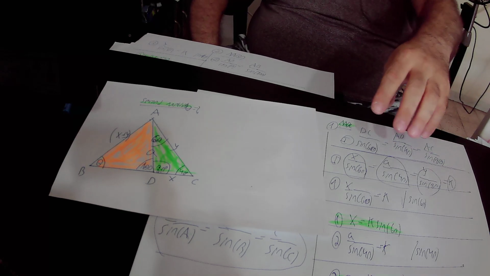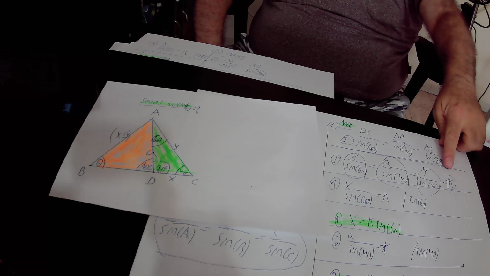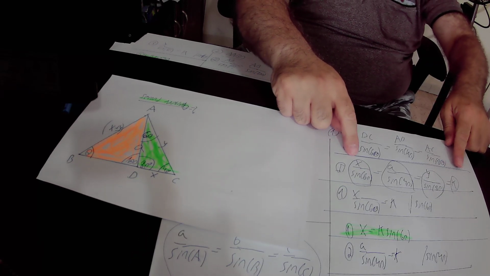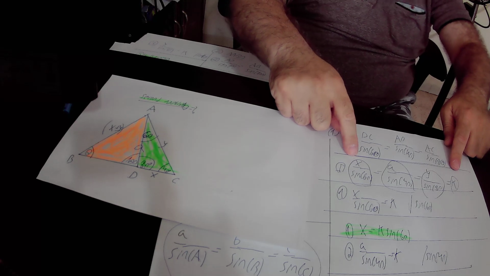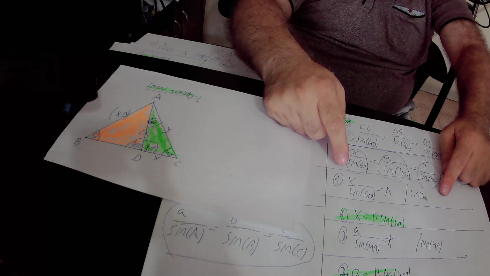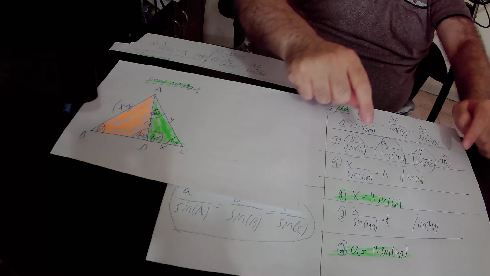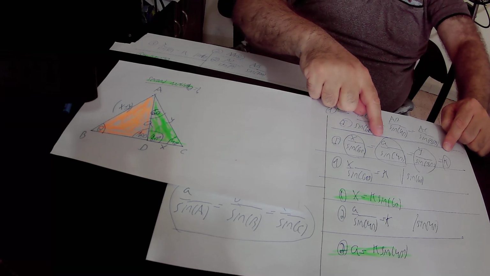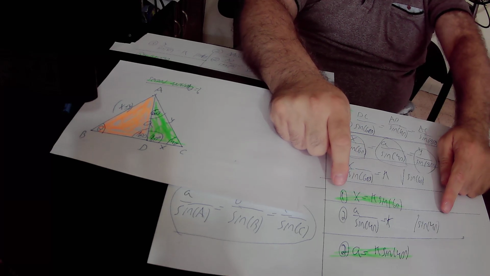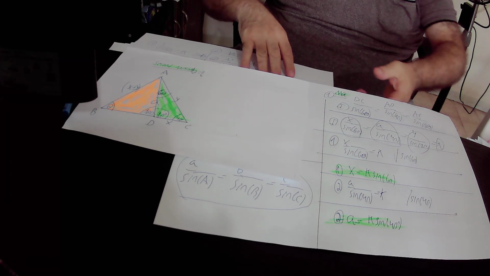We have three expressions that are all equal to each other, therefore we can define the value of them as K. Then from this long equation we derive the equations: X over sine 60 degrees equals K. Here we multiply equation number 1 by sine 60 degrees, and found out that X equals K times sine 60 degrees. We also know that A over sine 40 degrees equals K. We multiply by sine 40 degrees, and found out that A equals K times sine 40 degrees.